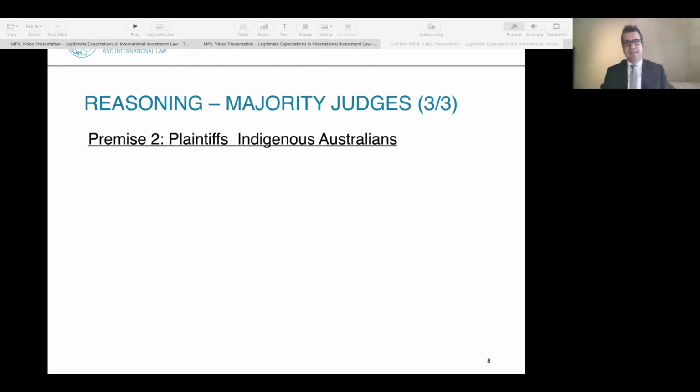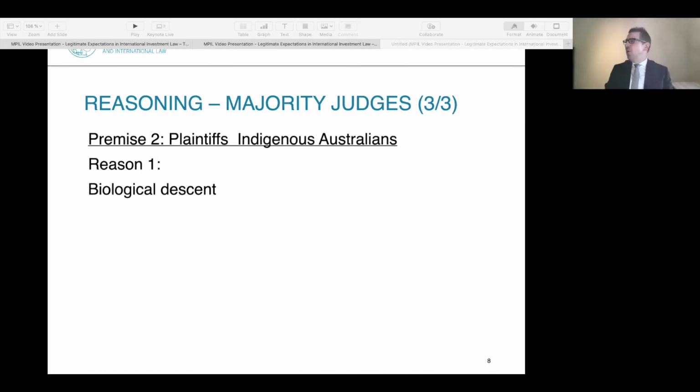The second premise was to work out whether the plaintiffs were, in fact, Indigenous Australians. And they put together a three-part test for this. First thing they said, you need to look at the biological descent of the person who is claiming to be an Indigenous Australian.